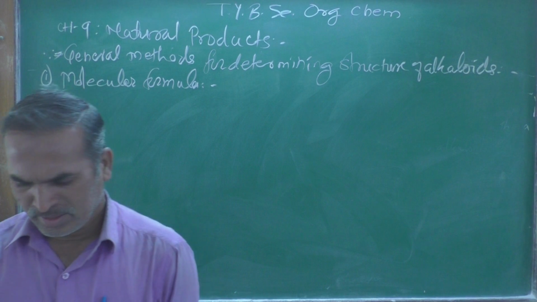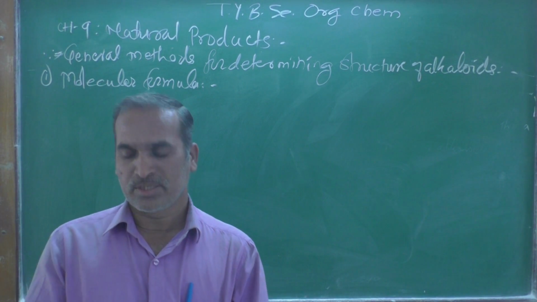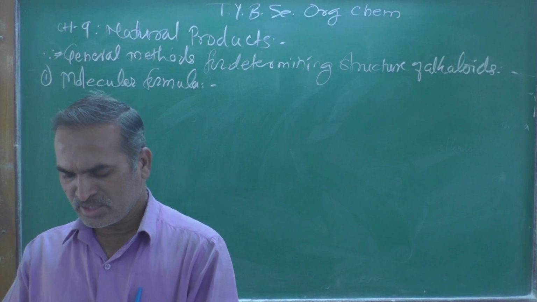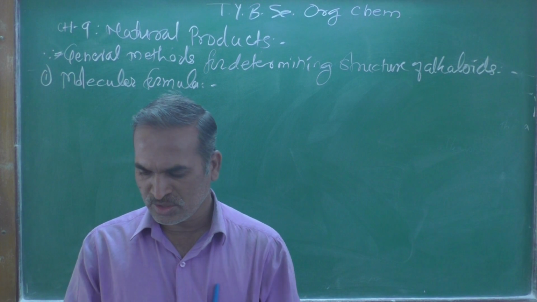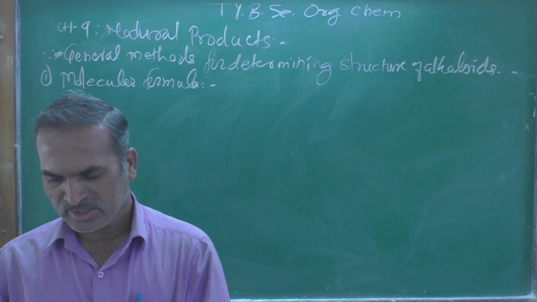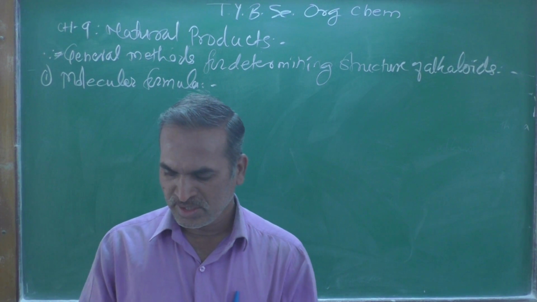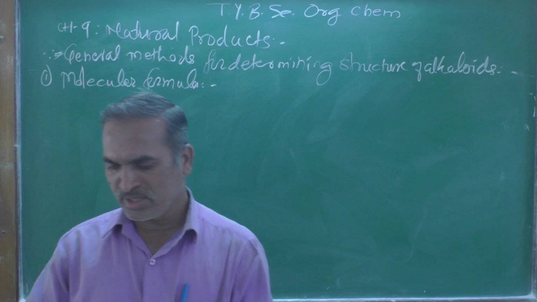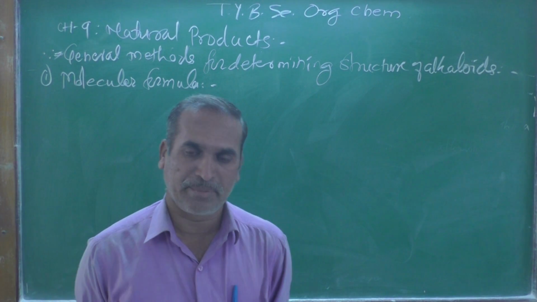Here, look at this: a pure sample of alkaloid is subjected to qualitative analysis so that its empirical formula is found out. Then, by determining its molecular weight, its molecular formula is determined.